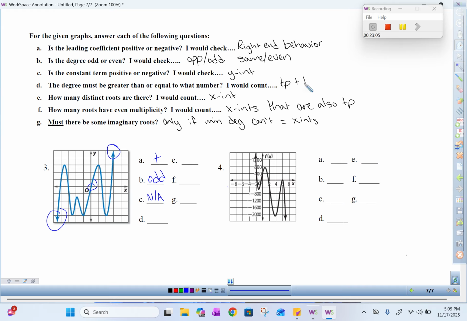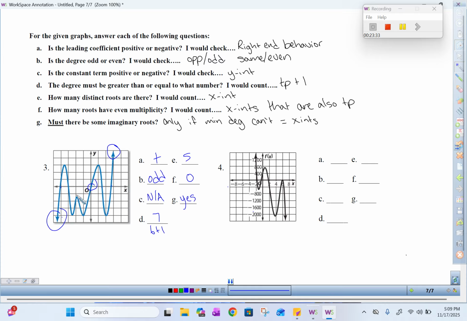Remember, this is turning points plus 1. So 1, 2, 3, 4, 5, 6. 6 plus 1 is 7. It matches the end behavior of odd. Distinct roots, 1, 2, 3, 4, 5. None of those are also turning points. So yes, there would have to be imaginary solutions.